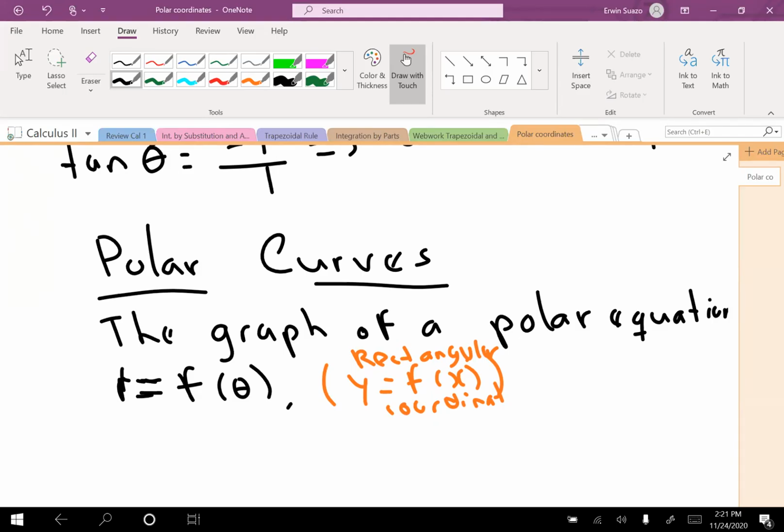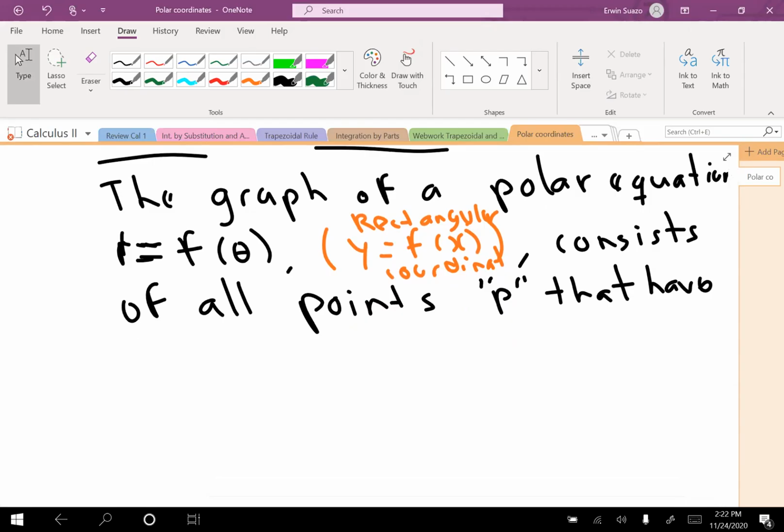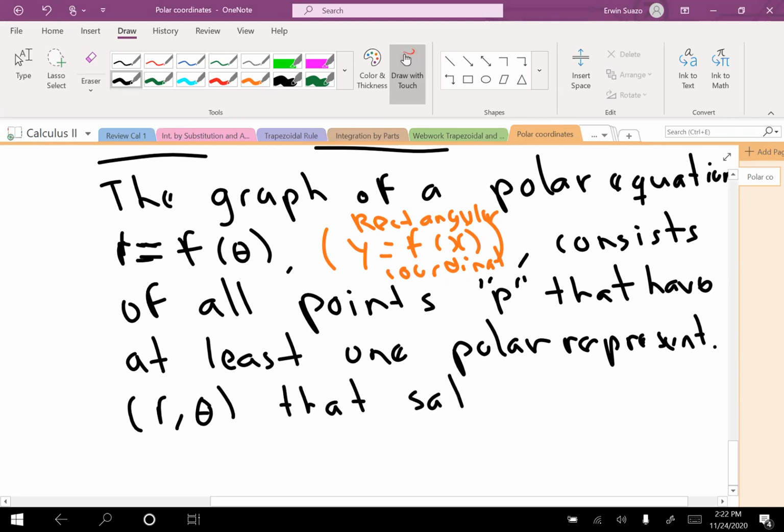Okay? So this consists of all points P that have at least one polar representation (r, theta) whose coordinates satisfy the equation.